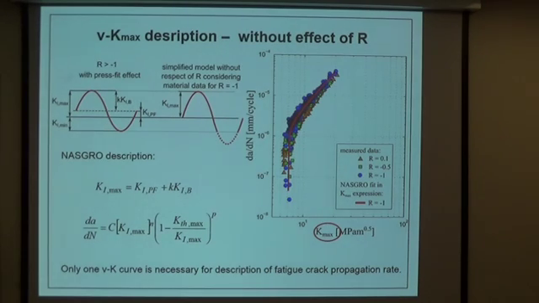If we take into account just the maximal value of the stress intensity factor, and just the data of stress ratio -1, in each case, if we calculate the maximal value by this equation, we assume a higher amplitude than is in the real case.